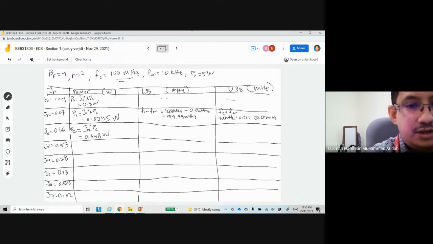And then here is FC minus 2FM, the LSB. FC minus 2FM. So this is 100 minus 2 times 0.01, so 0.02. So this is 99.98 megahertz.